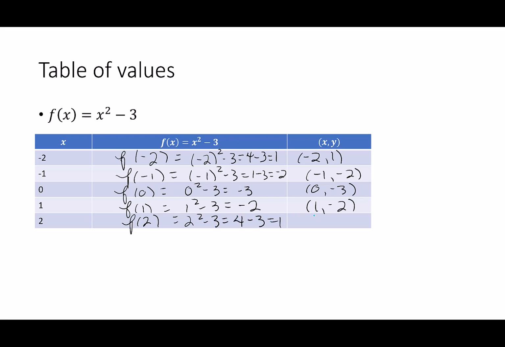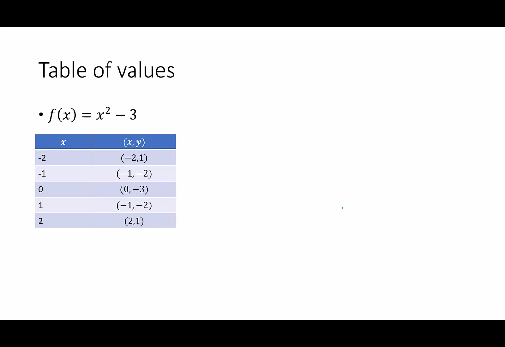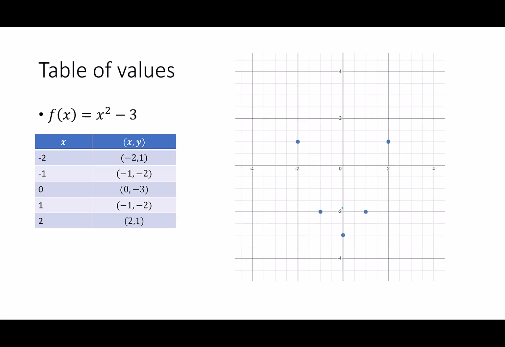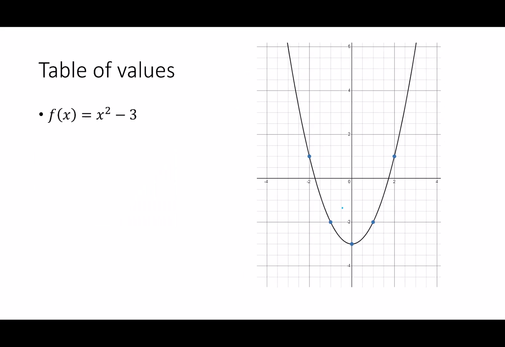That gives me 1. So my last point is (2, 1). Here's a summarized table, and then I plotted the points. As we go, we're really connecting the dots and trying to find an overall shape. This shape looks like a U. The hard part is knowing which x values you should use to get the appropriate shape of the graph.